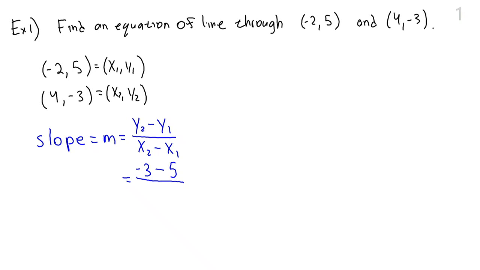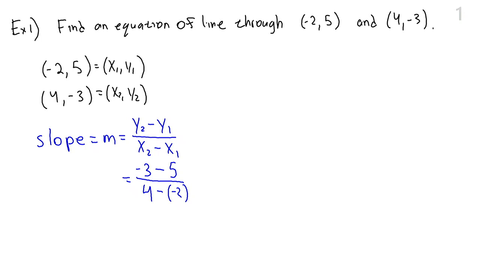We could have chosen the point -2, 5 to be x2, y2, but once we make the decision, we have to stick with it throughout the problem. And x2 is 4 and x1 is -2. Another common mistake is to mess up the minus signs here. It is minus x1 and minus y1.